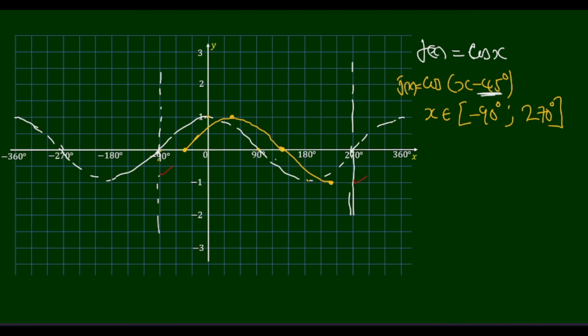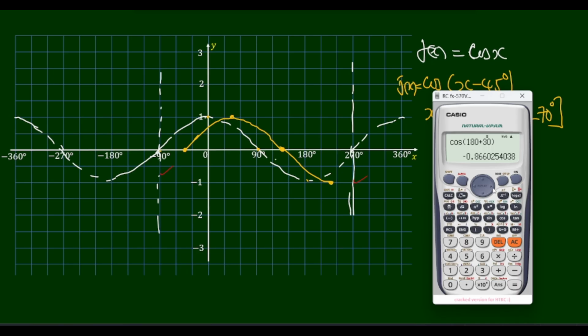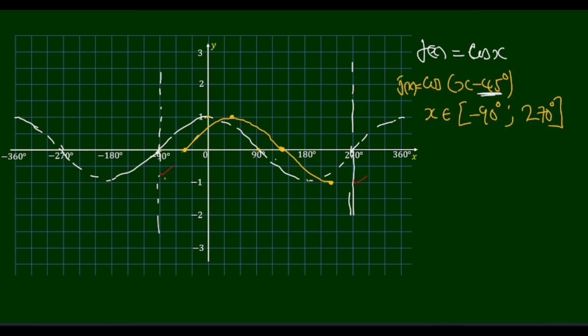Let's use when x is negative 90. So our function is, negative 90 and then minus 45, like that. Just put in calculator, negative root 2 over 2 should be negative 0.71. So it means we have here negative 0.71, maybe somewhere here. So we have negative 90 degrees, then negative 0.71, like that.